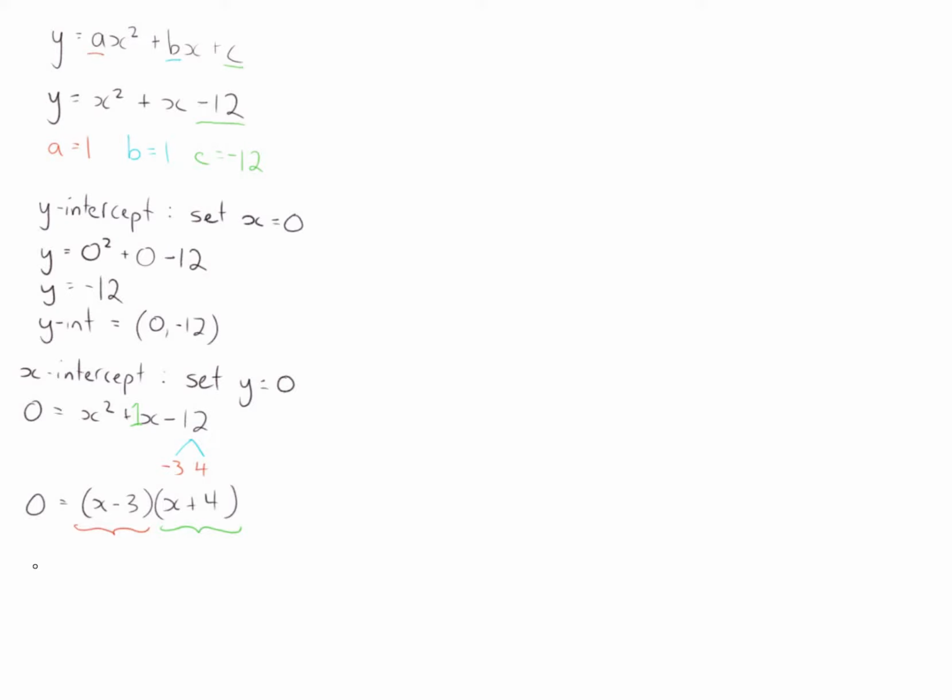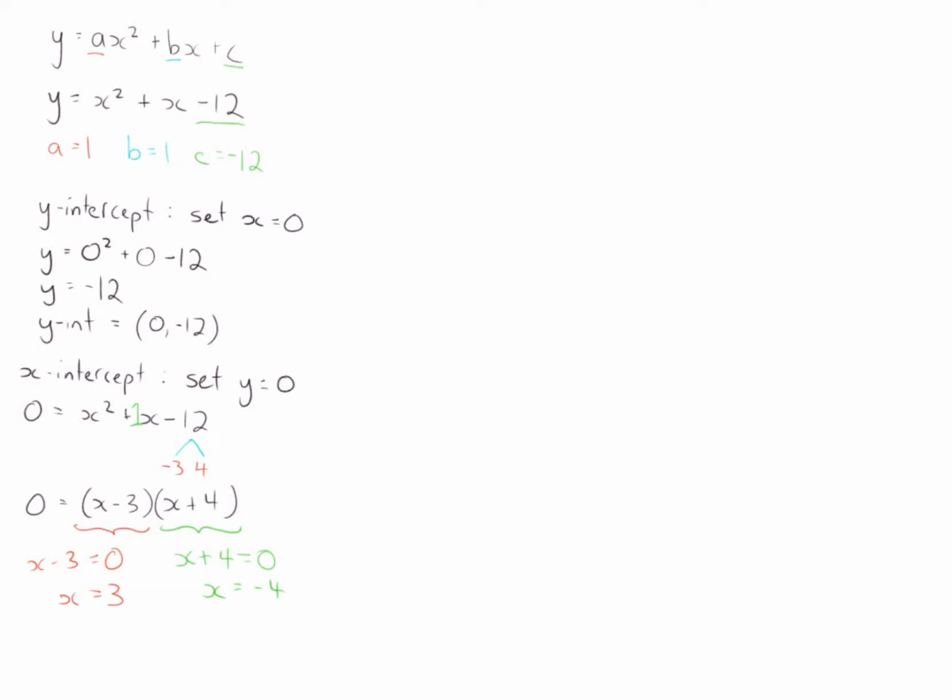So we can either have x minus 3 equal to 0, or we can have x plus 4 equal to 0. These are just 2 simple linear equations to solve now. For x minus 3 equals 0, x must be equal to 3, and for x plus 4 equals 0, x must be equal to negative 4.